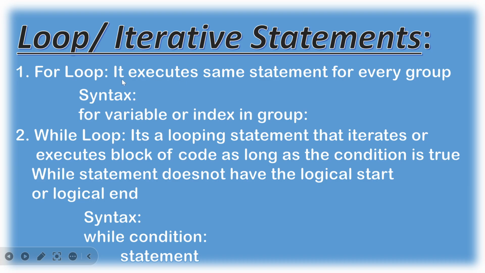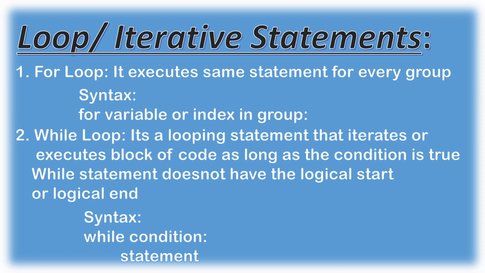Okay, so what is for loop? It executes same statement for every group. All right, so syntax is for variable or index in group. Okay, next while loop. While loop is a looping statement that iterates or executes block of code as long as the condition is true.